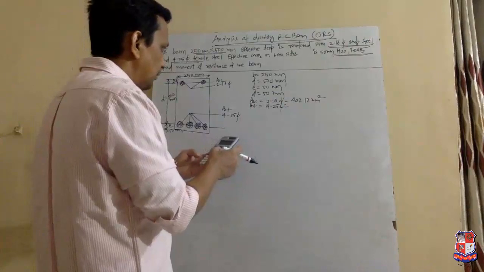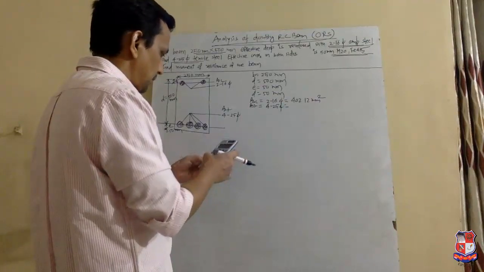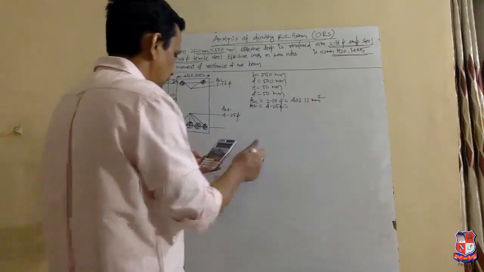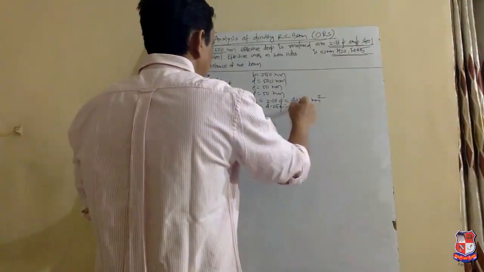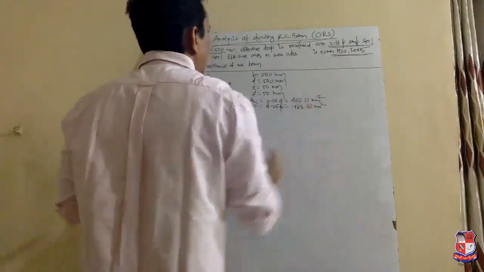So we get 4 into pi by 4 d square, pi by 4 into 25 square into 4, which is 1963.50 mm square.